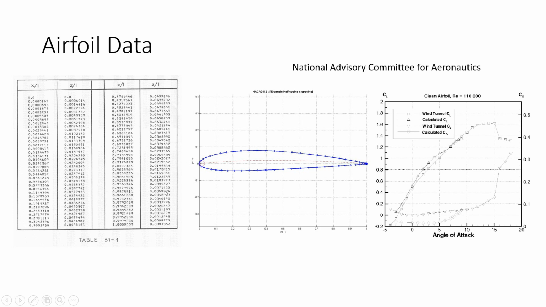They plot the different data points of an airfoil on an XY axis, and when you plot, you obtain a geometry like this. Then they do extensive research on it, and plot for what angle of attack what is the corresponding CL and CD, that is the coefficient of lift and coefficient of drag, which is nothing but lift divided by the dynamic pressure.